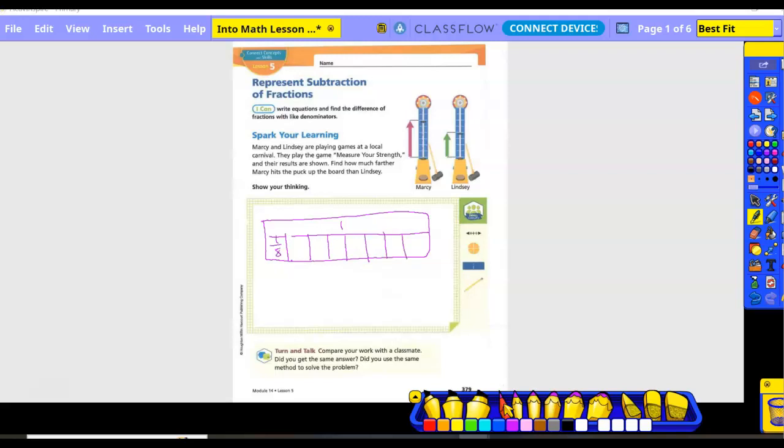So 1/8 in each box, right? Okay, so how high did Marcy get hers to go up, guys? 6/8. So I'm going to color in 6/8 for Marcy's.